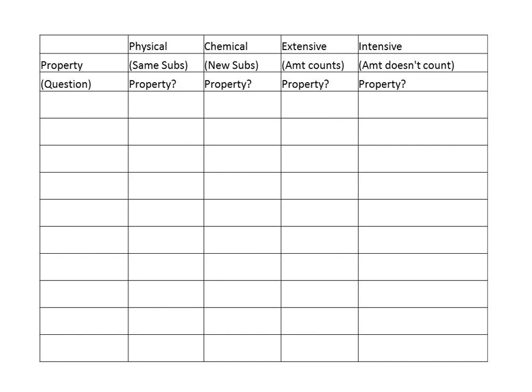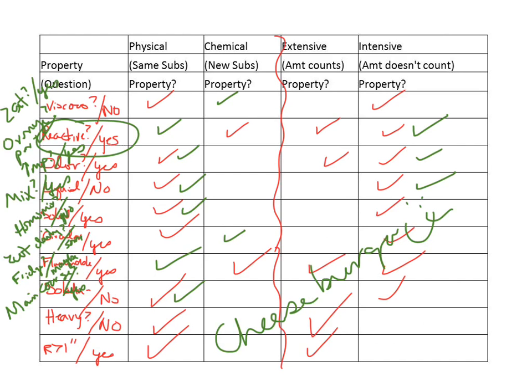Check this out. You guys got to see this. This is what I did today in Chem 122. We talk about properties, and I played the 20 questions thing, and so I asked them.